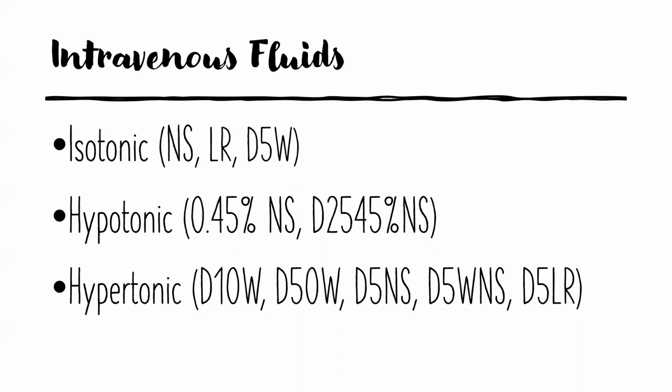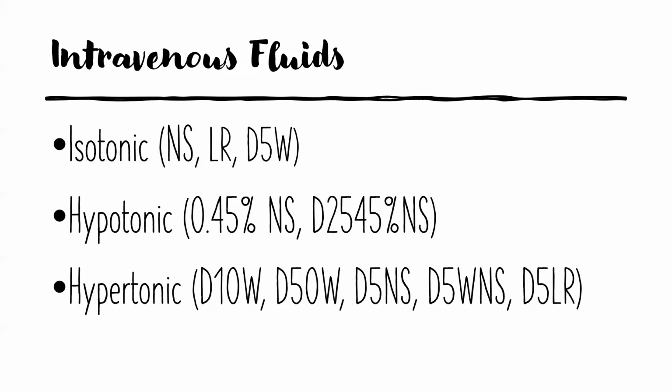The next intravenous fluid is hypertonic. And so the indication for using hypertonic is only when serum osmolality is critically low in your patient. The characteristics of hypertonic fluids is that the osmolality is higher than the extracellular fluid, and there's a shift of fluid from the intracellular spaces to the extracellular spaces.